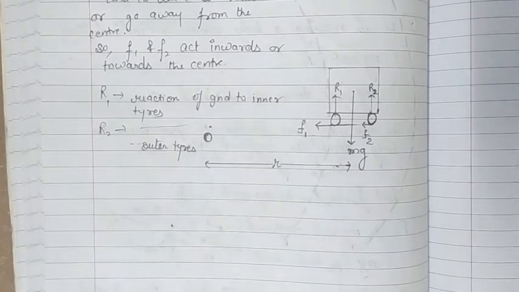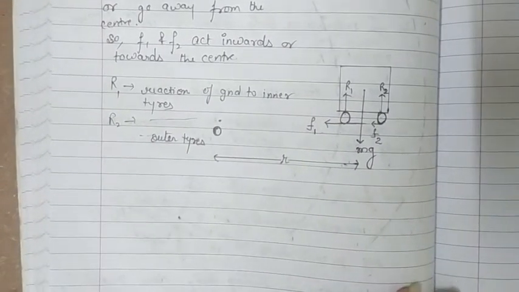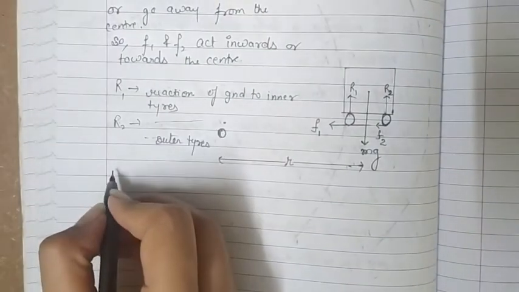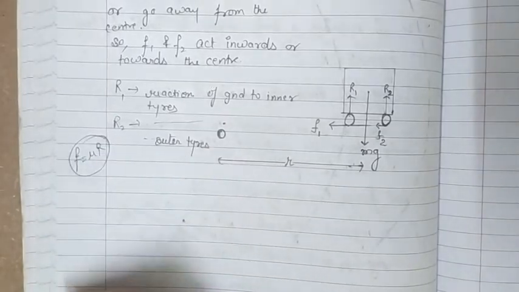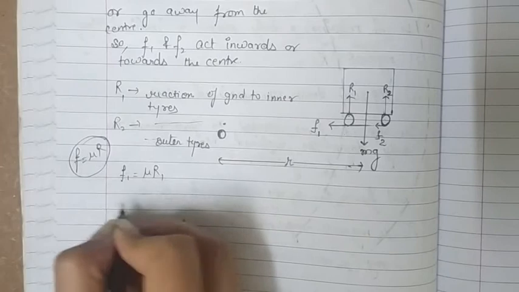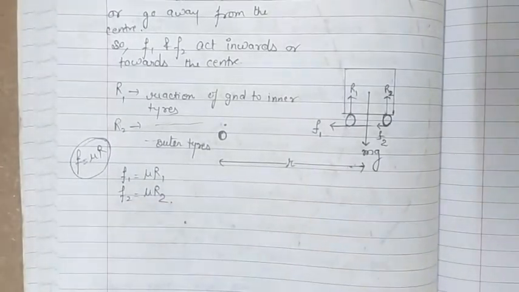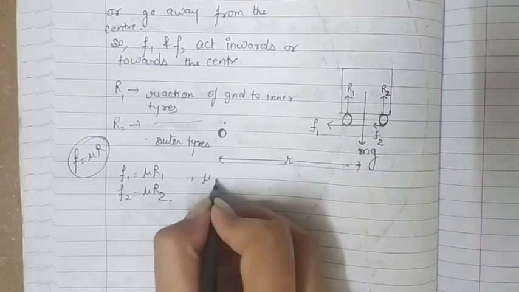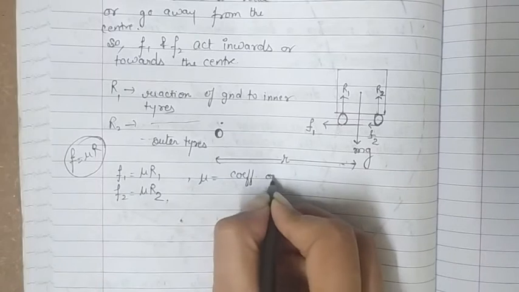Then we can give the forces of friction at the inner and outer tire in terms of R1 and R2 respectively. We know that F is equal to mu R, so we can write F1 is equal to mu R1 and F2 is equal to mu R2, where mu is the coefficient of friction between the tires and the ground.